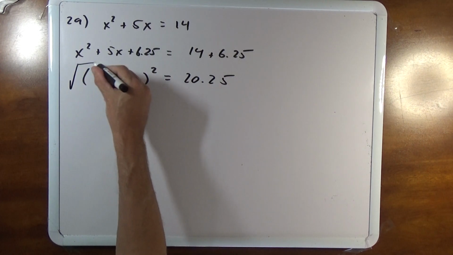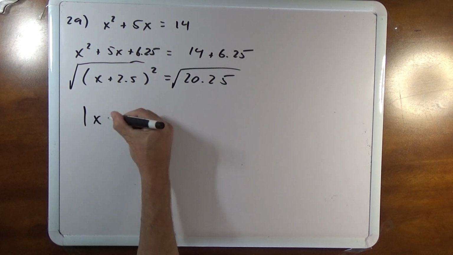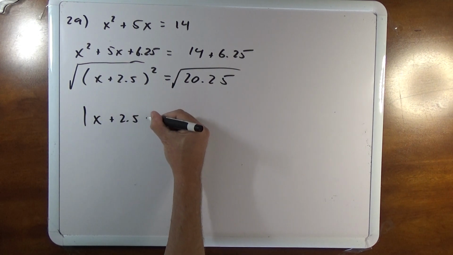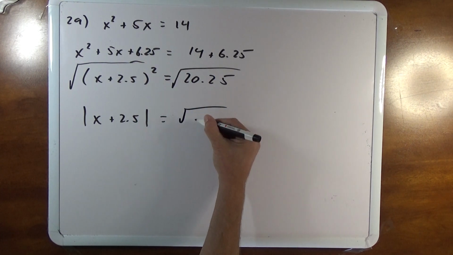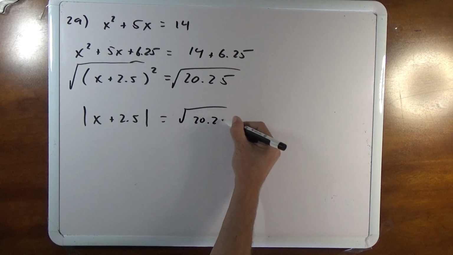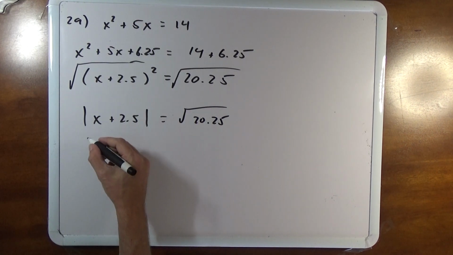I'm going to take the square root of both sides. I'm going to get the absolute value of x plus 2.5 is equal to the square root of 20.25. So to solve this, I'm going to drop the absolute values.